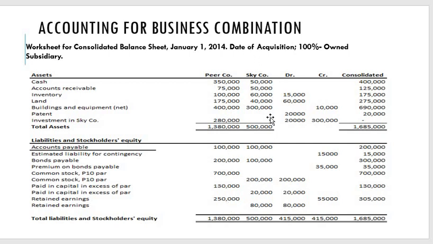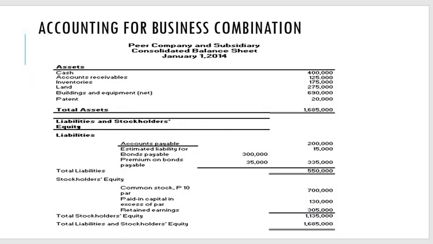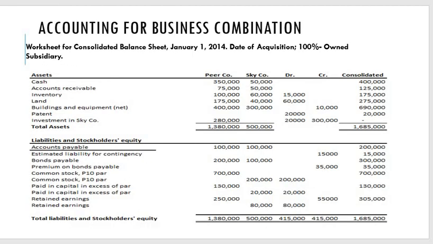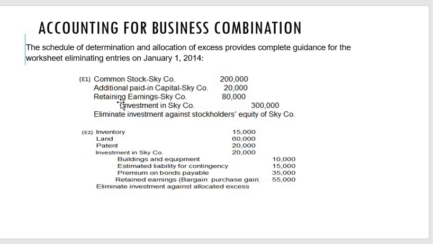Okay, so in our working paper eliminating entries, the purpose is to eliminate the investment account and capital account and to recognize the bargain. Our first entry is to eliminate the investment account, the same entry as earlier. You debit the equity accounts of Sky, the subsidiary, then credit the investment account.